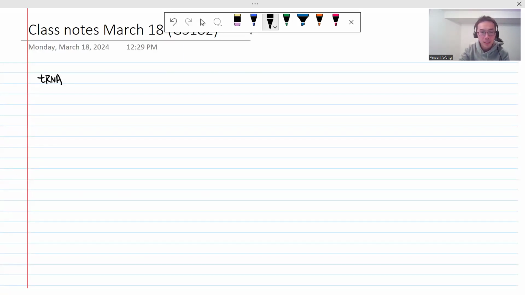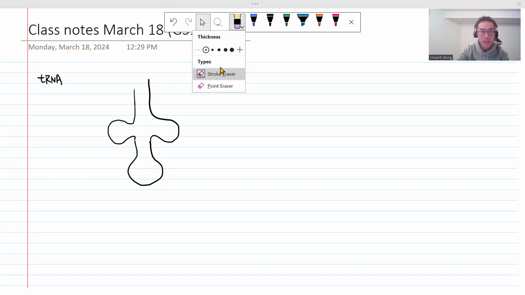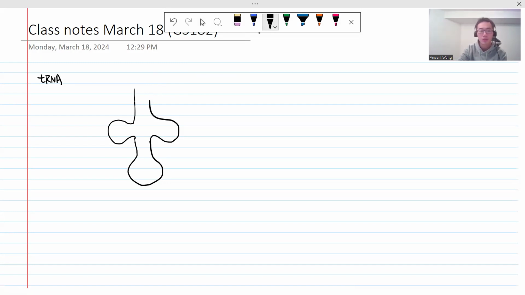Okay. It's going to be like a clover leaf structure. First of all, it's RNA, which means it's single-stranded. But this single-stranded RNA is able to loop back on itself. It's just folding back onto itself and forms this clover leaf structure.